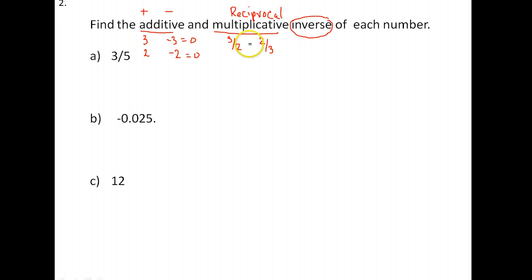Now with multiplicative inverses, you're trying to find what you would multiply it by to get the neutral of 1, which 3 times 2 would be 6 on top, 6 on bottom, or 1. The multiplicative inverse of 1/2, we flip that over, would be 2 over 1, which we typically write as 2. If it's a negative, like negative 3/2, its multiplicative inverse would have the same sign, just flip this fraction, negative 2/3.